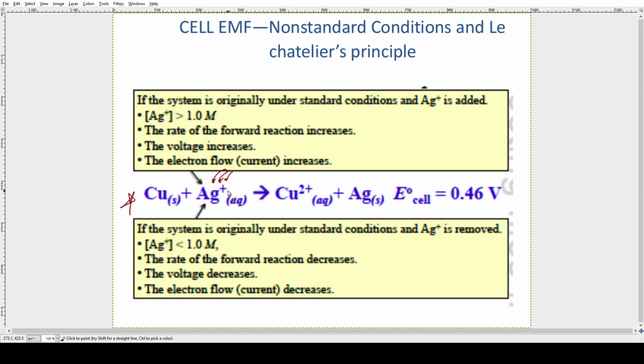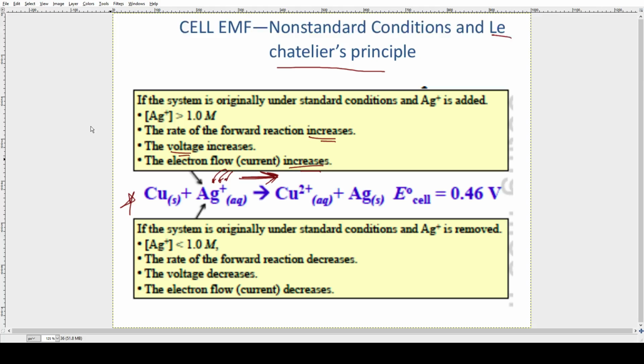Think about Le Chatelier's principle from the past. If I add in more silver, that upsets the equilibrium, and in order to fix it, which way will it shift? Towards the right to use up that excess. So the rate of the forward reaction will increase, and the voltage then will increase. Any movement in the forward direction increases voltage because that allows the electron flow, the current, to also increase.